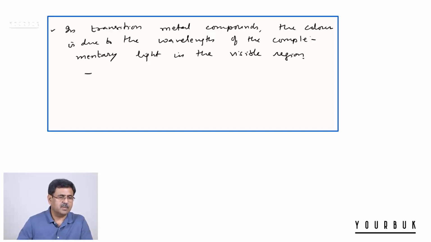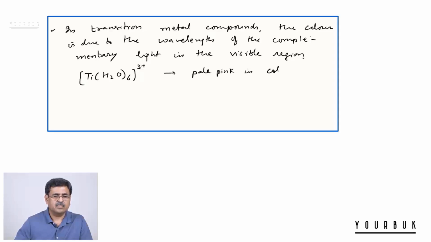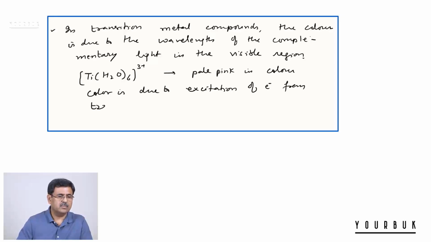Now we have this example. This is a complex of titanium, Ti(H2O)6 3 positive. This complex is pale pink in color, and the color is due to the excitation of electron from t2g level to eg level.